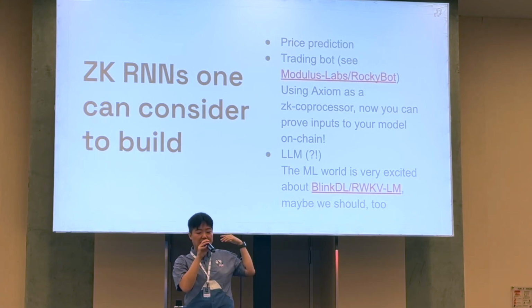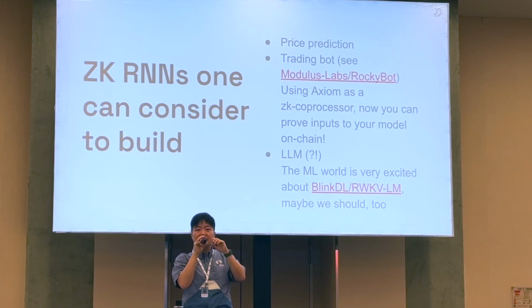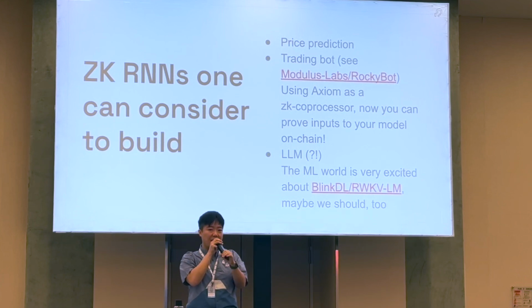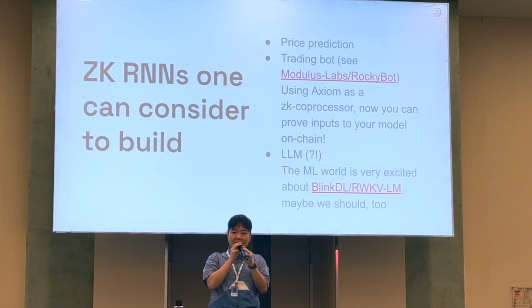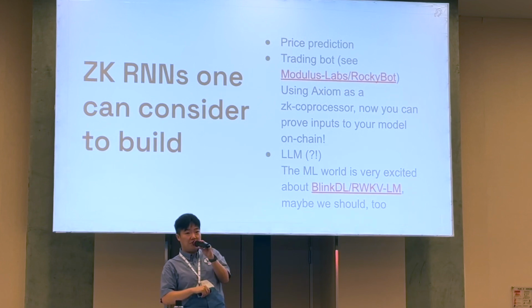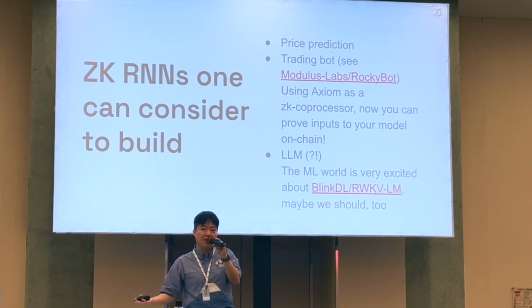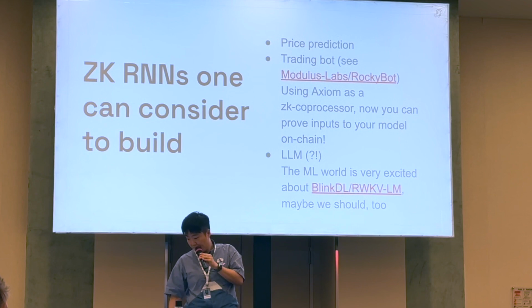But the idea is people are very excited in the machine learning world about these kinds of new architectures because it saves VRAM. And that turns out to be incredibly important for ZK. Because right now we are also running into the same problem where if you have a large model, it doesn't really fit onto your machine's memory. So a lot of the weird optimizations that the machine learning people do for different reasons turn out to be incredibly useful for ZK as well. And that's another direction that is worth looking into.